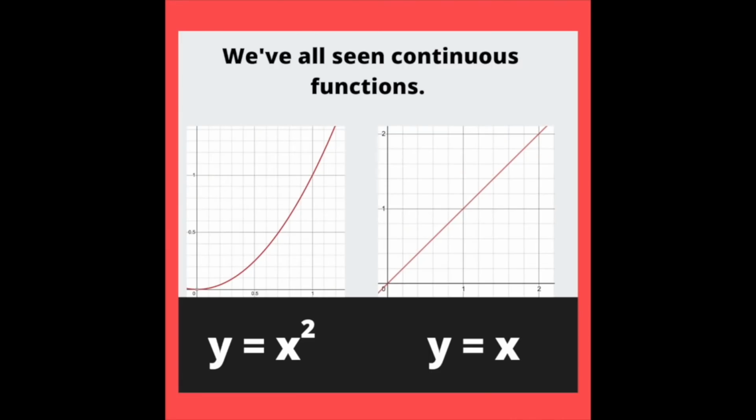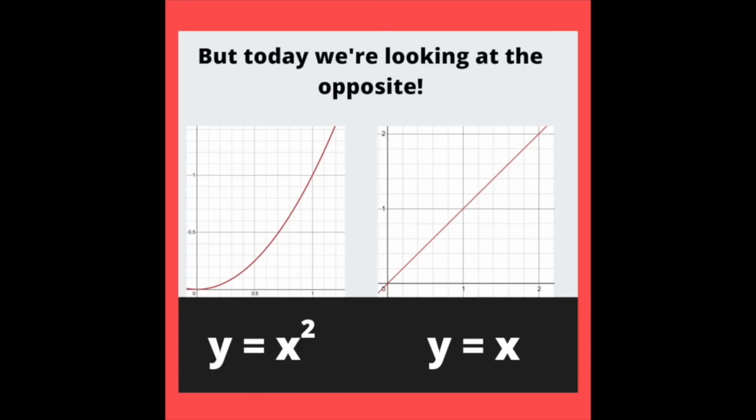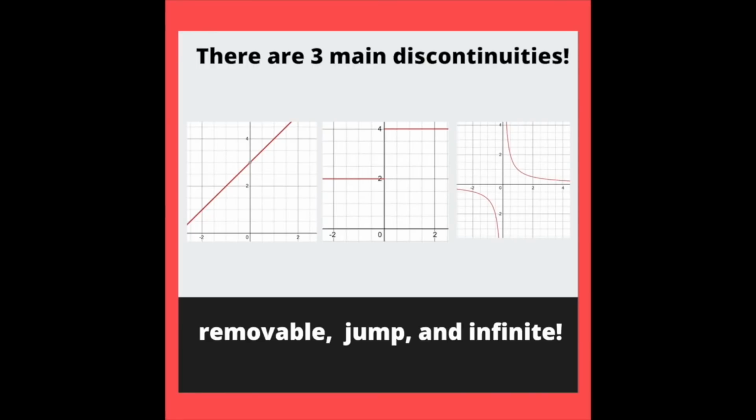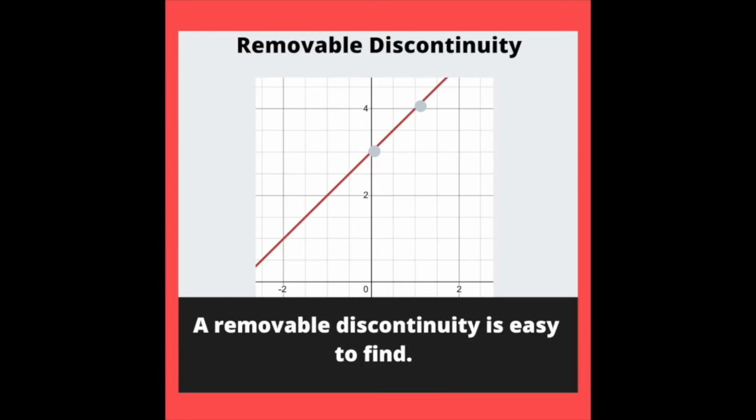We've all seen continuous functions, but today we're looking at the opposite. There are three main discontinuities: removable, jump, and infinite. A removable discontinuity is easy to find.